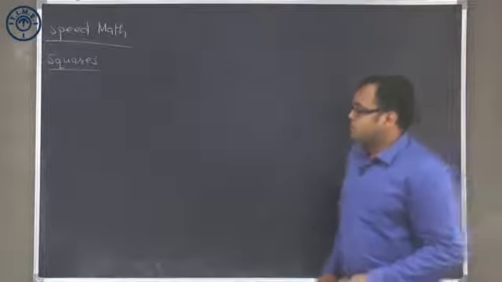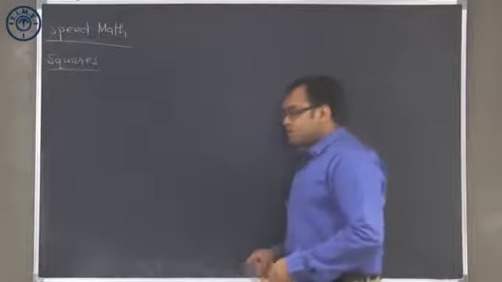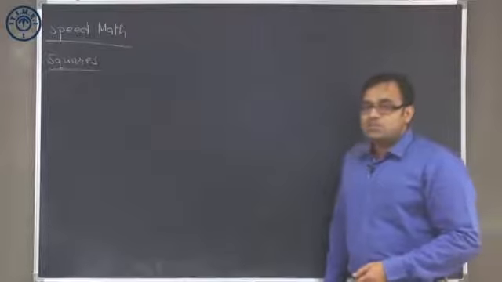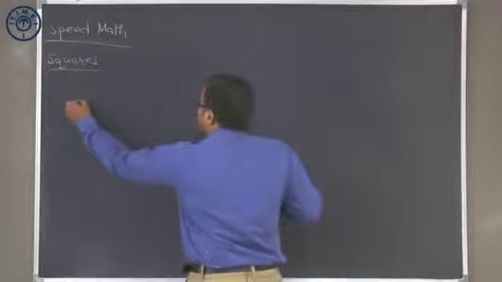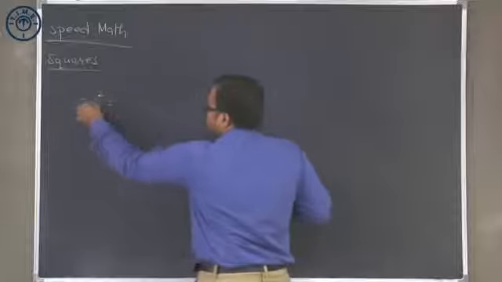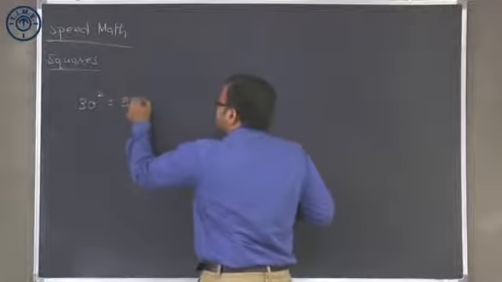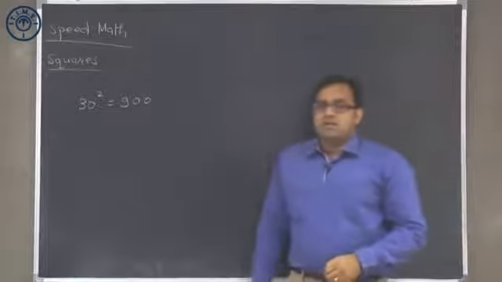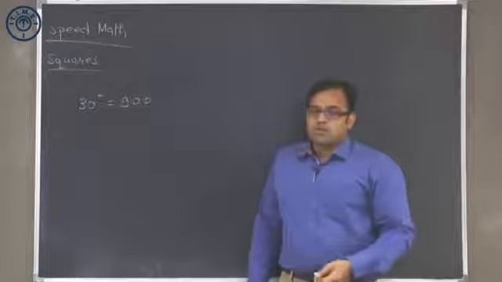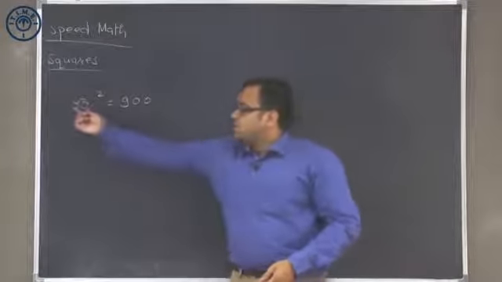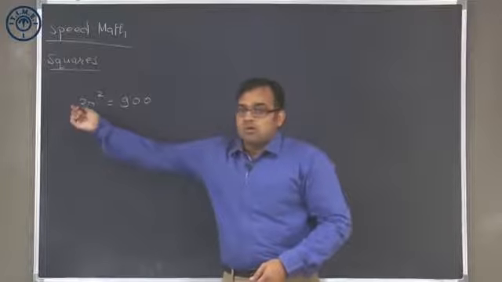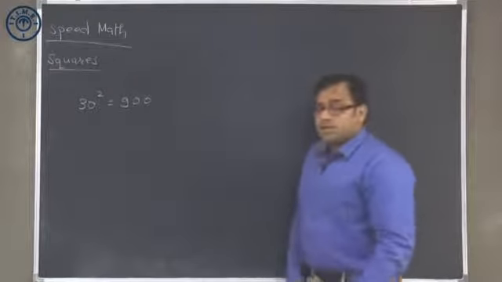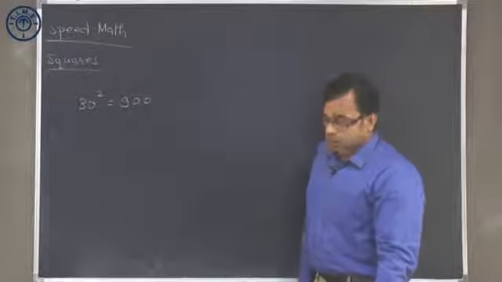First things first, let us say I am calculating the square of a number that ends in a 0, say 30. 30 square: 3 square is 9, and the 0 becomes 2 zeros, so this is equal to 900. So for a number ending in 0, calculating the square is no big deal. We square the number that comes before the 0, followed by 2 zeros, and we are done.